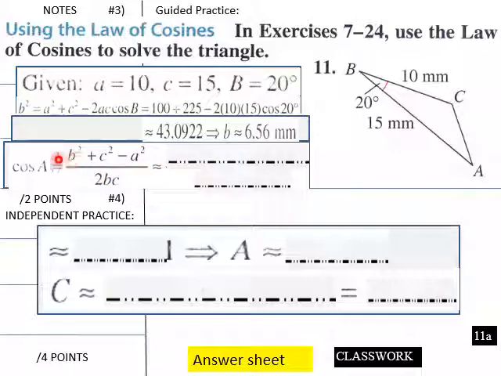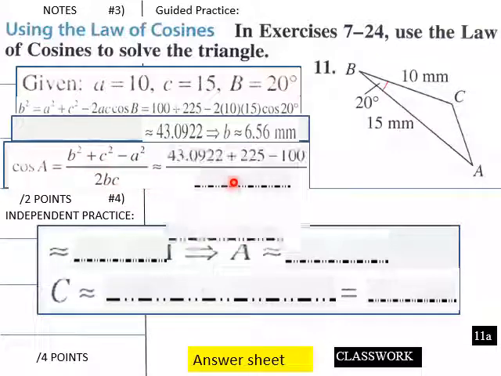So knowing that, to find cosine A, which would be this angle measure here, cosine A would be equal to b squared plus c squared minus a squared over 2bc.